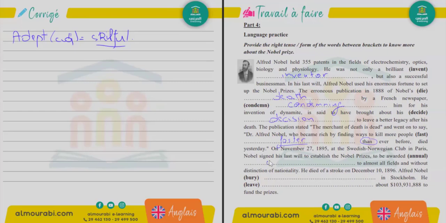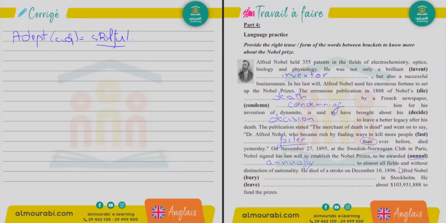annually, to almost all fields and without distinction of nationality. The adjective annual takes -ly to become the adverb, and check that this is a double L: annually.